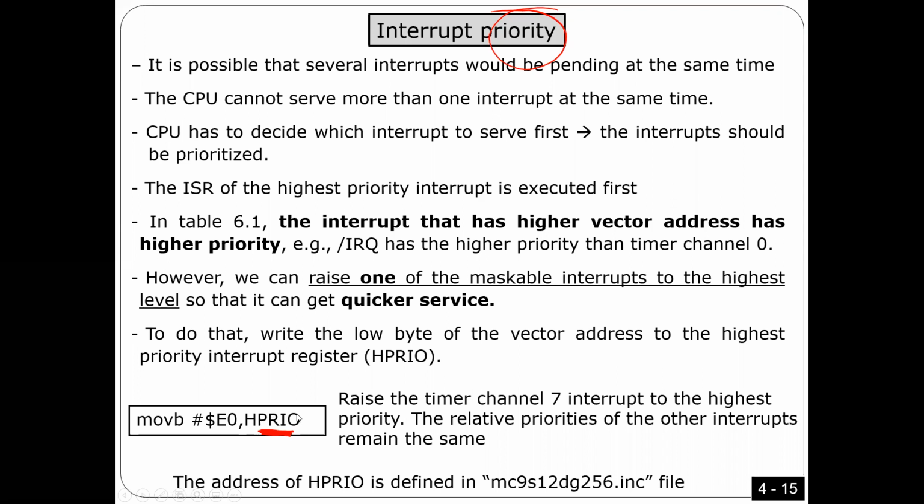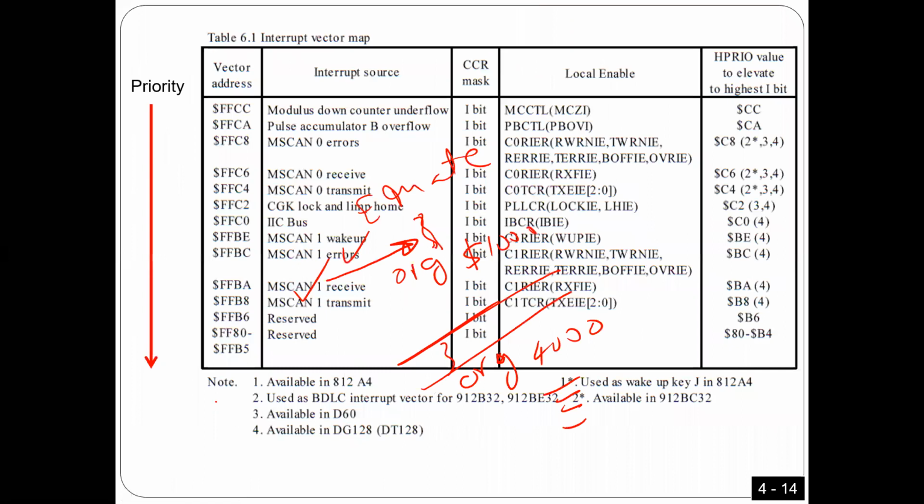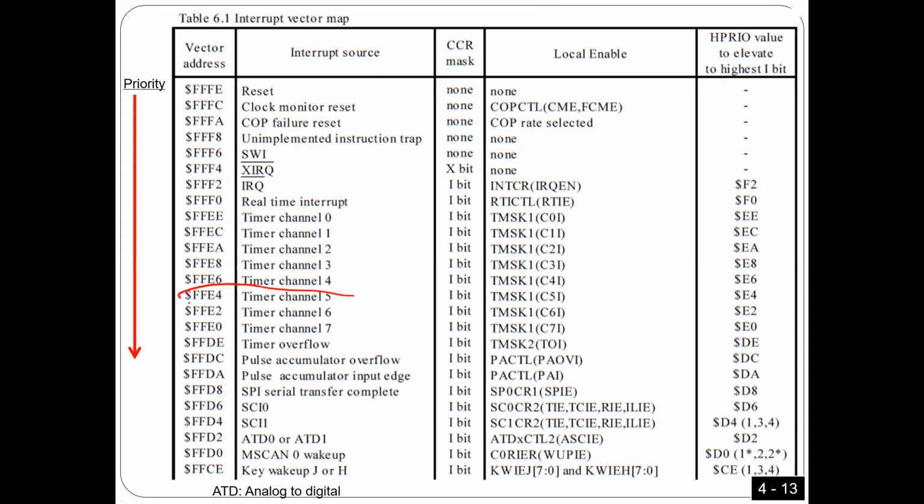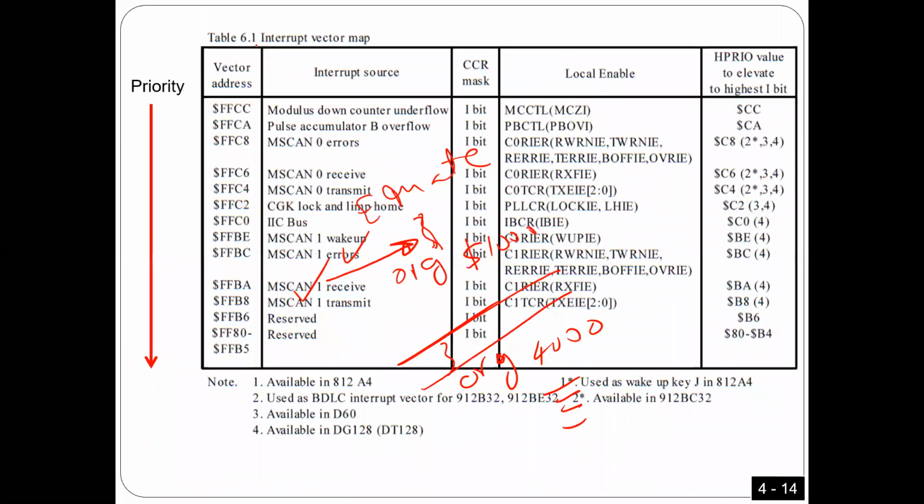So you have limited capability: you can select one interrupt from here and put it on top of everyone. You got what I'm saying? You can do it, but only one.